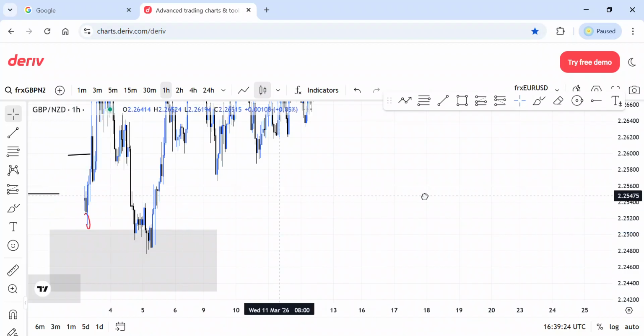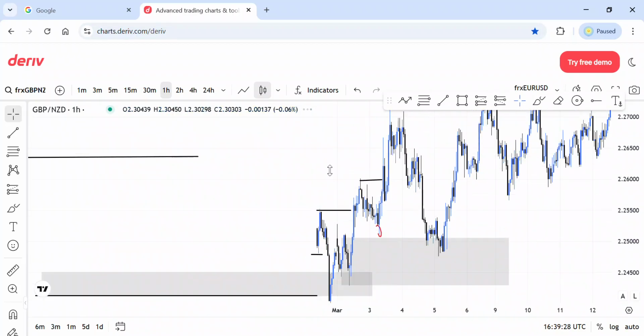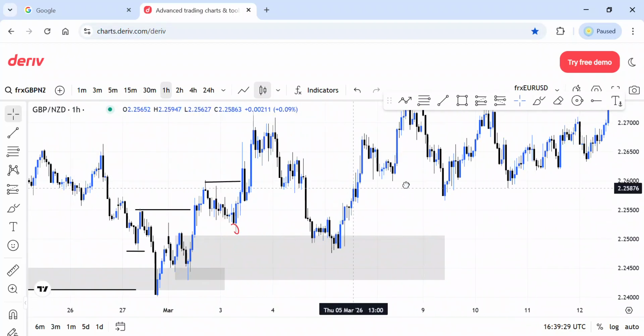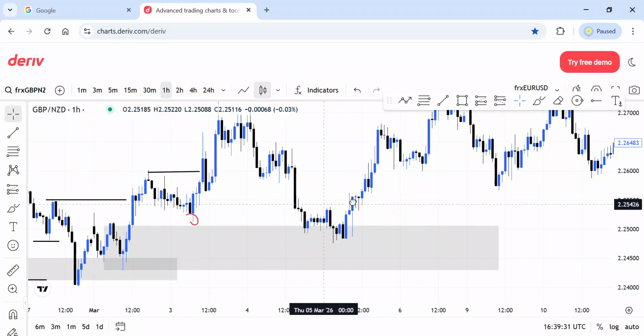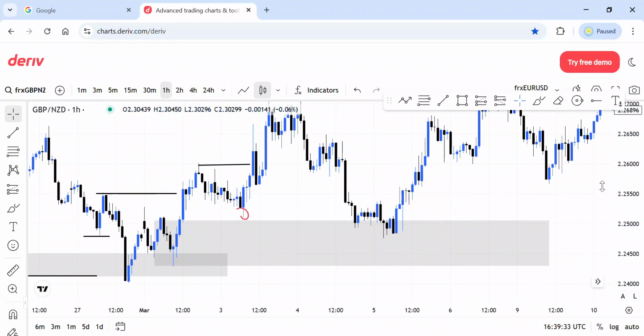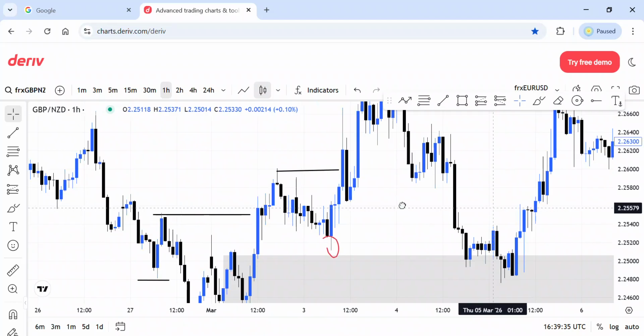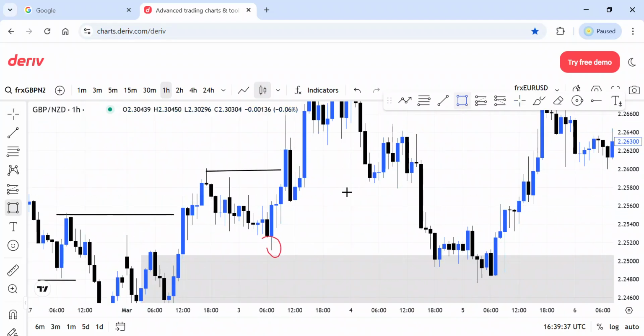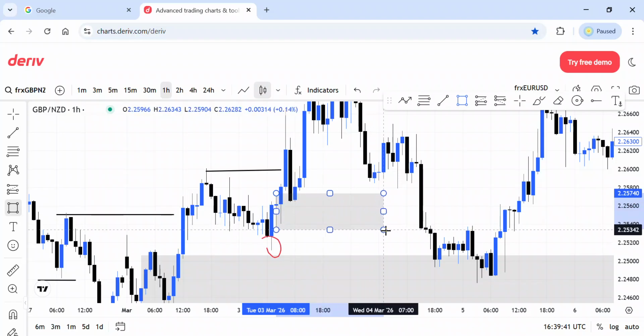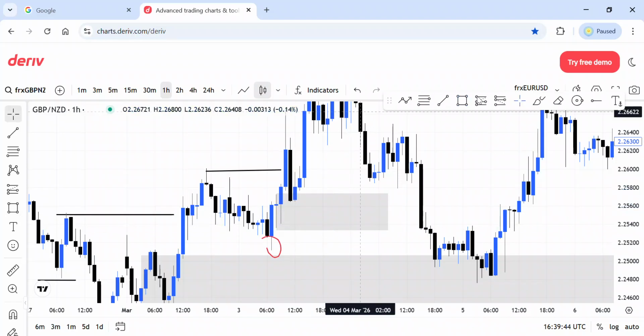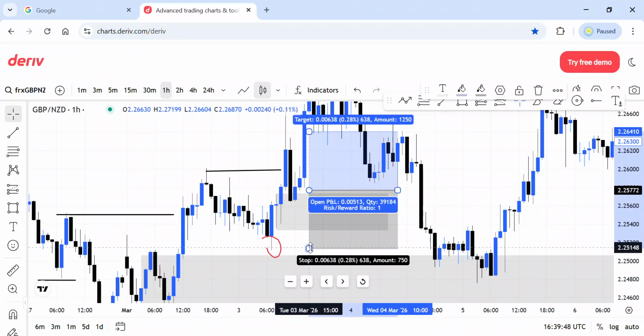Okay. So let's see. All right. There's another block here. As you can see, we have another block on this 1 hour. This is another block that led to the breakout of that BOS high. So you can buy from here, put your buy limit here, but your stop loss is going to be below this low.